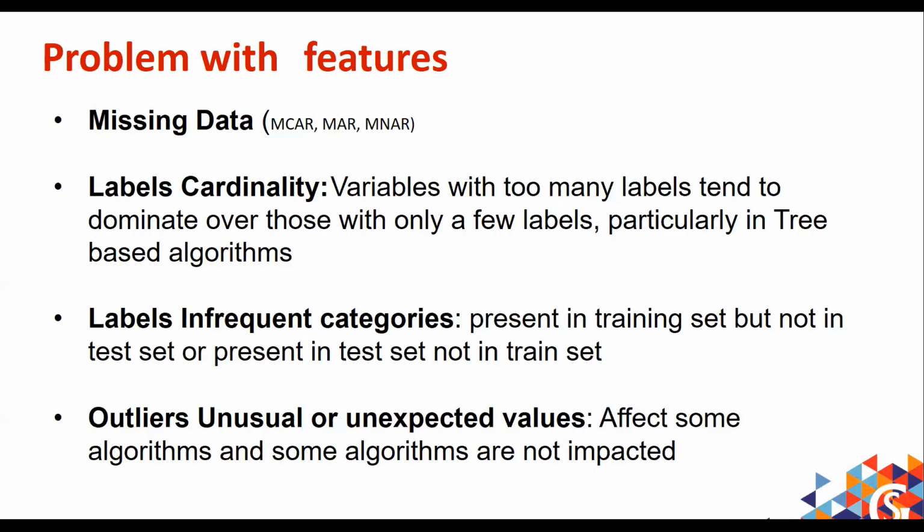Next one is rare levels, or infrequent categories. When you design a model on a data set, we split the data into two: one is train data, one is test data, right? With the train data we design the model, and with the test data we validate that model. This approach we follow particularly when it comes to supervised modeling.